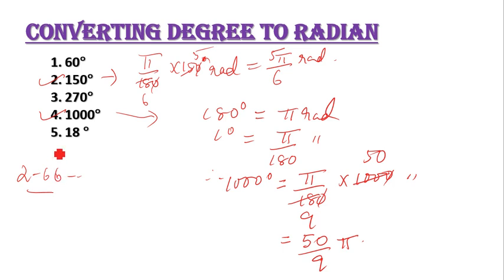In that scenario, keep in mind the value of pi is 22 by 7 or 3.14. If they ask you to find the exact value, or the options compel you to, then just put the value of pi as 3.14.